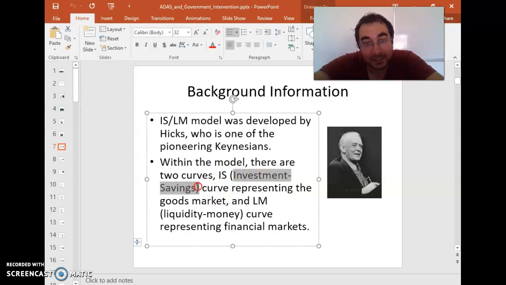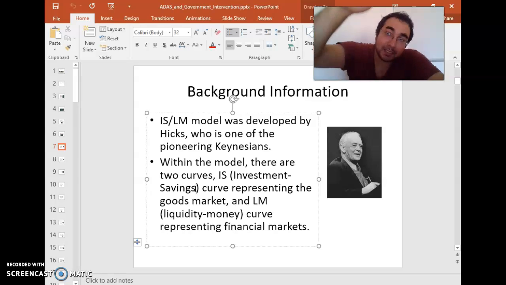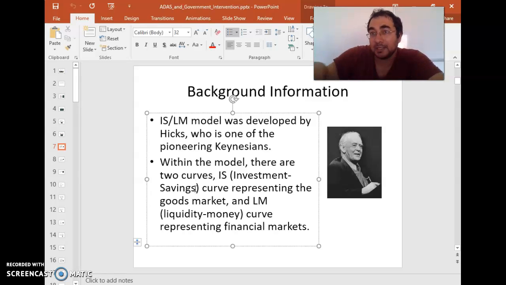One is the investment savings relation, which considers what happens to the investment levels when the interest rate changes. On the y-axis you have the interest rate, and on the x-axis you have the output level. When interest rates fall, this will increase the investment level. Through the multiplier, it will increase consumption, and output will increase. So the IS relation shows that decreasing the interest rate will increase the output level.